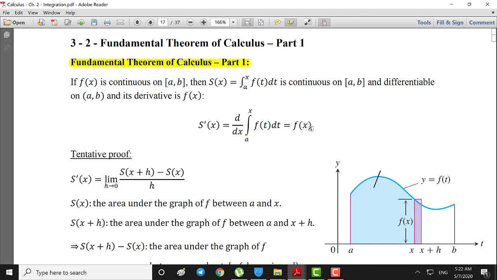There are some constraints for this theorem. In this theorem, the variable with respect to which we are doing the derivative has to be the upper limit of the integration. And the other important point is that the lower limit of the integration has to be a constant.